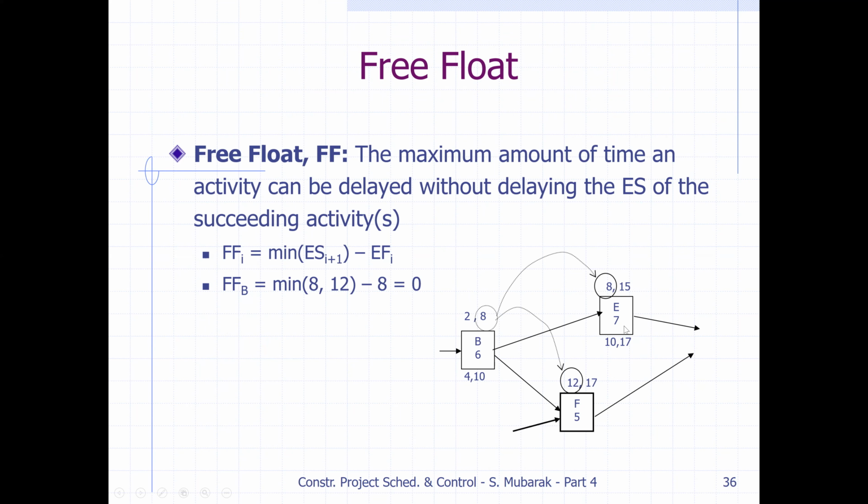The successors are E and F. The early start of E is 8, and for F it is 12. We take the minimum, 8, then this 8 minus this 8 is 0. So the free float is 0. Free float is always less than or equal to the total float, and it is a link between two activities.